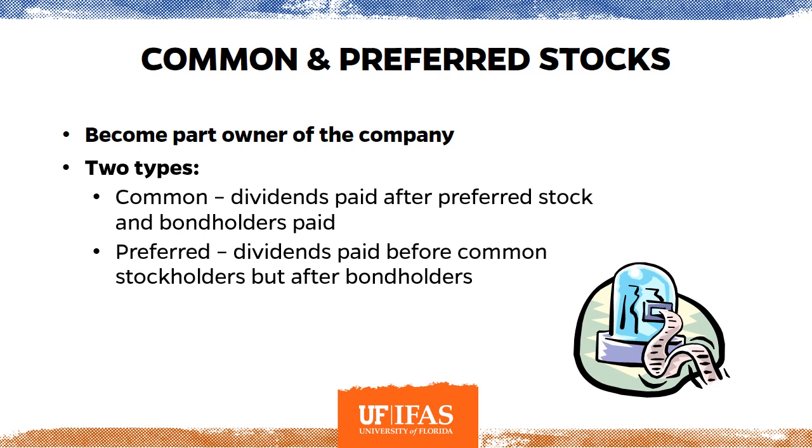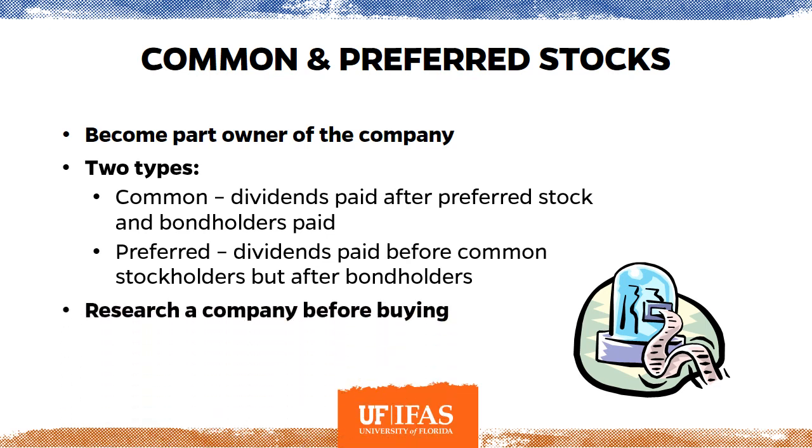When that company does well, they'll release dividends to the stockholders, and you as a preferred stockholder would be paid those dividends before the common stockholders are eligible to get their money. But both of you come after the bondholders, and as I mentioned before, the bondholders are the people who are financing the debt for that company. They get paid first before the stockholders. Whether you're preferred or common, they get paid first.